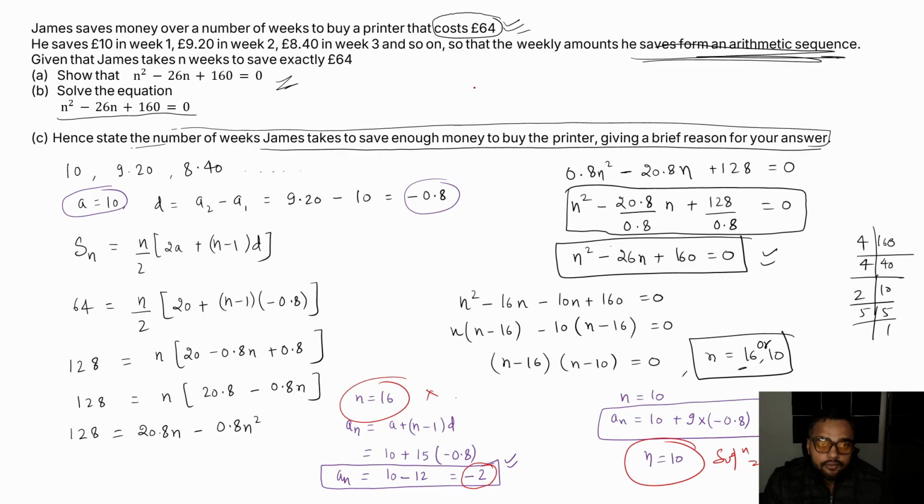If we add these values, 10, 9.2, up to the last value negative 2, their sum will be equal to 64. This is correct. But the thing is that money cannot be negative. This is the main cause here. I'll write it here: money cannot be negative.